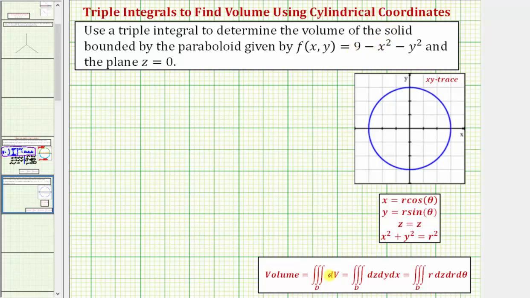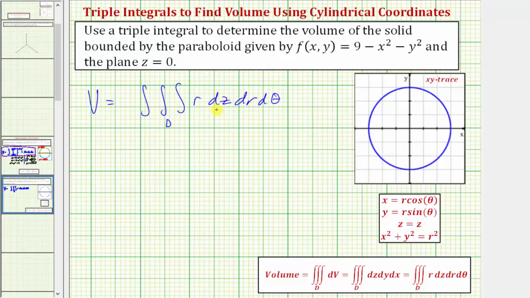Differential v in rectangular coordinates is equal to dz, dy, dx, or any of the 6 possible orders of integration, and in cylindrical coordinates, differential v is equal to r dz, dr, d theta. So because we're using cylindrical coordinates, we'll determine the volume by evaluating the triple integral over the region D of r dz, dr, d theta.